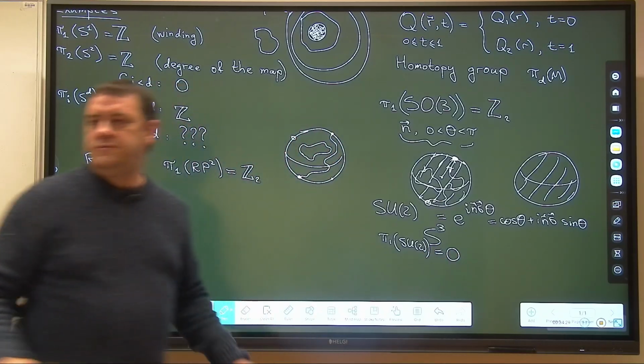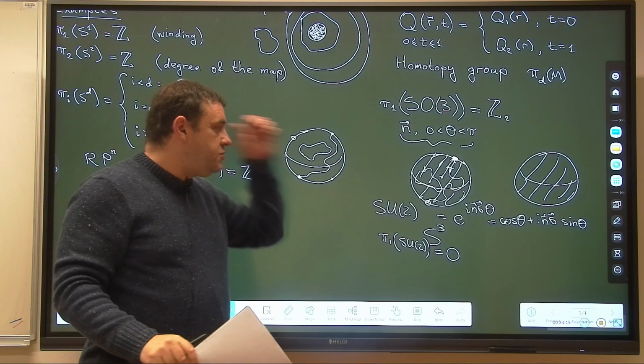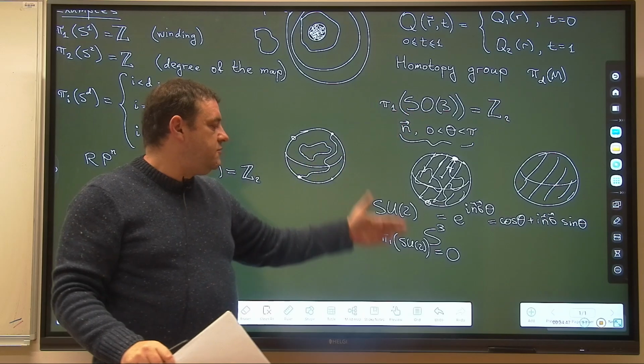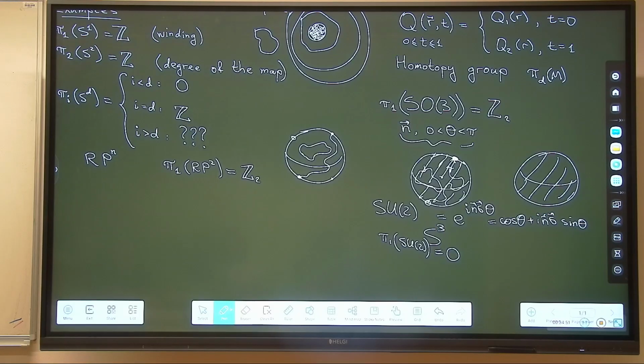It's trivial. All loops are contractible, even if it goes from one point on the surface to the opposite. Since the whole surface is the same point, you can continuously move this point to the origin and then contract it. So it's an important thing, because otherwise SO3 and SU2 are very much similar. They are very similar groups, but they have this slight difference. The same algebra.